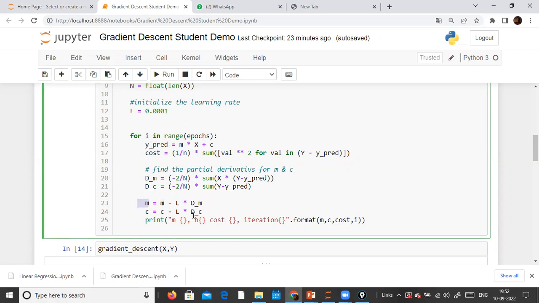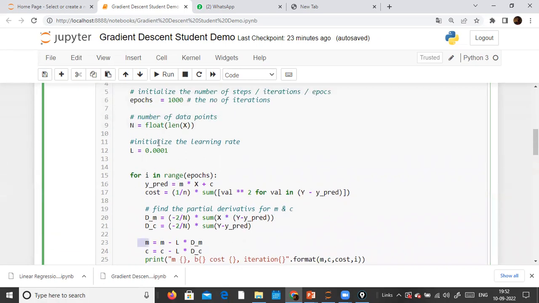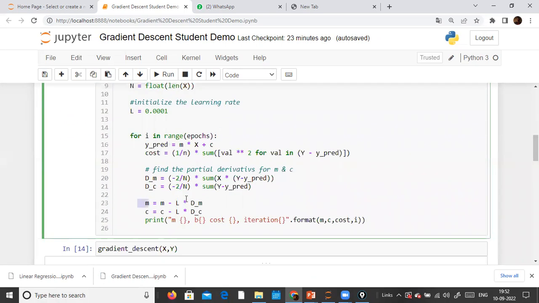So what will happen in this loop, for first iteration, you have zero values. For MNC 0, initially it will be 0. But when it comes here, it will plug in the value, you will get some value for MNC. And then in the second iteration, you will get the new gradient value, and then you will get different values for MNC.